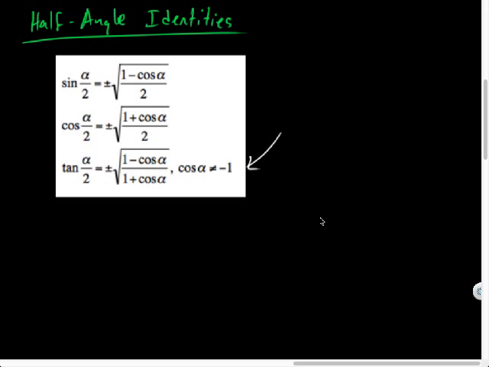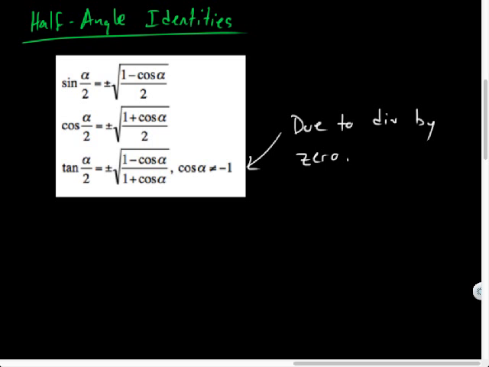Why can cos alpha not equal -1? What happens if this is a -1? It's dividing by 0, and 0 is undefined. Okay? So this is due to dividing by 0.